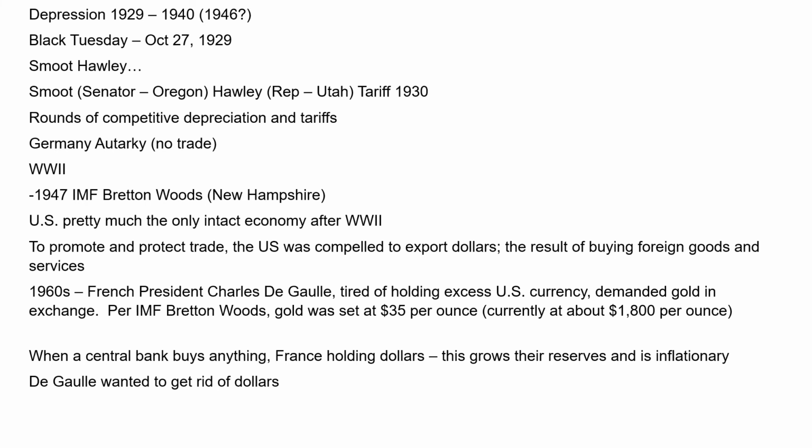Anyway, in the 1960s, the French president, Charles de Gaulle, was tired of holding excess U.S. currency, so he demanded gold in exchange. It was set at $35 per ounce, and he wanted to exchange his dollars for gold, which would have pretty much wiped out Fort Knox.